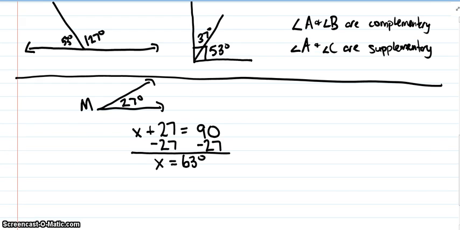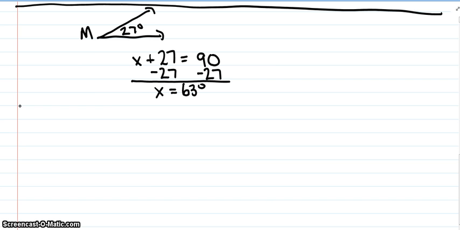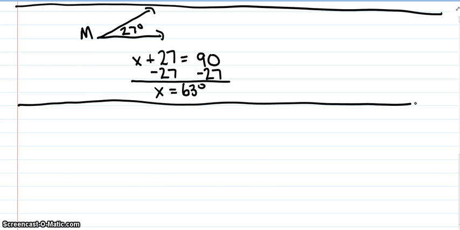Let's look at another one. Let's look at the supplement of angle N, and angle N is going to be 2y plus 20 degrees. So the supplement, what's it going to add to? It's going to add to 180.